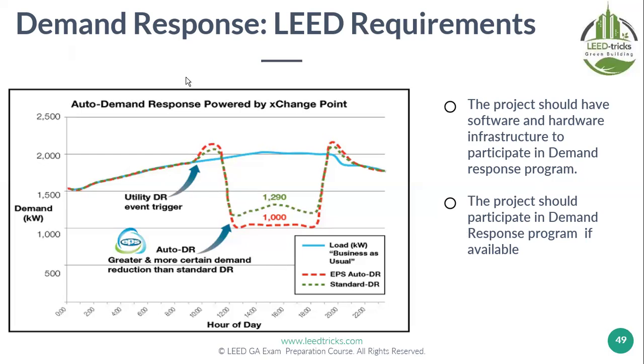So when the utility has this facility working, then you can participate. Even if you don't really apply it in real life, but you are ready for it, you will get 1 point of the 2. And the project should participate in demand response if it's available. Okay, cool.